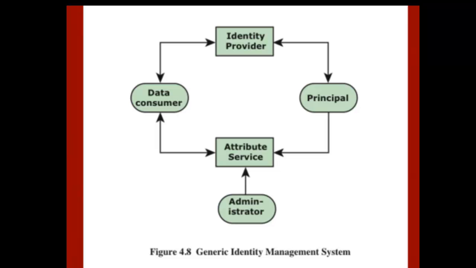Data consumers are entities that obtain and employ data maintained and provided by identity and attribute providers, which are often used to support authorization decisions and to collect audit information. For example, a database server or file server is a data consumer that needs a client's credentials so as to know what access to provide to that client.